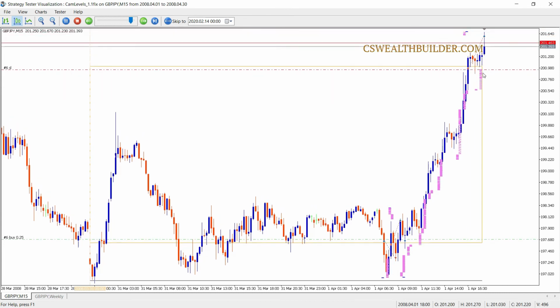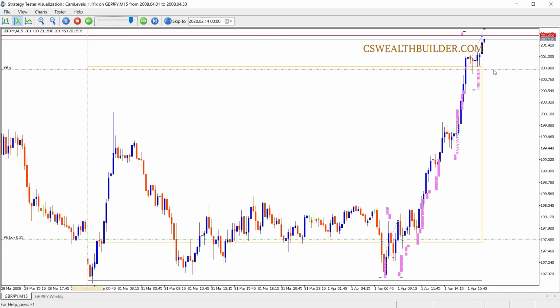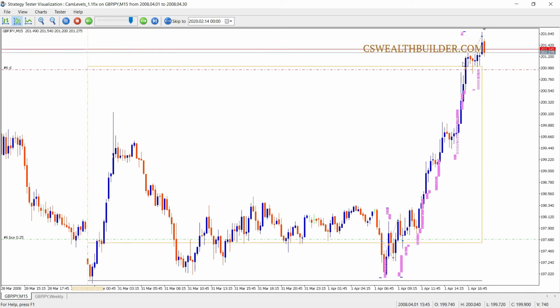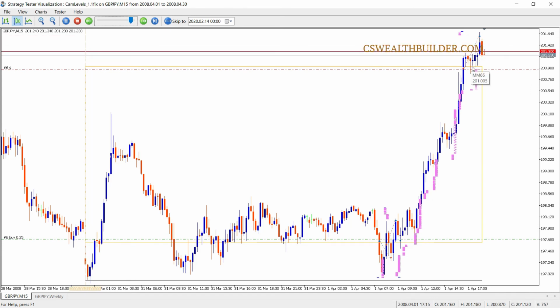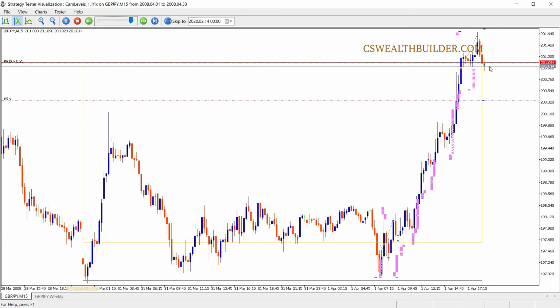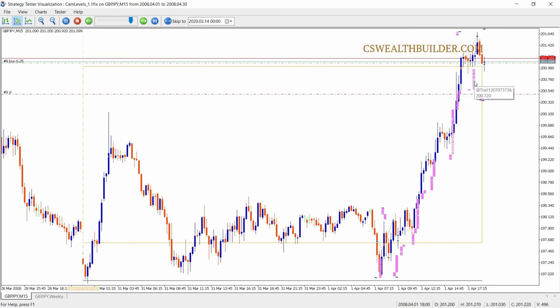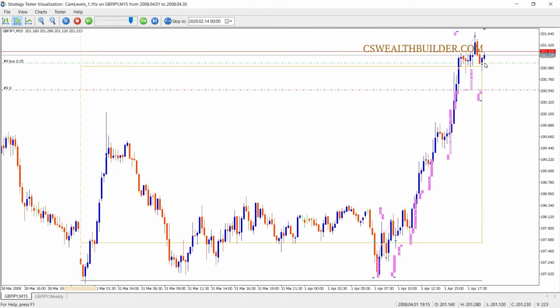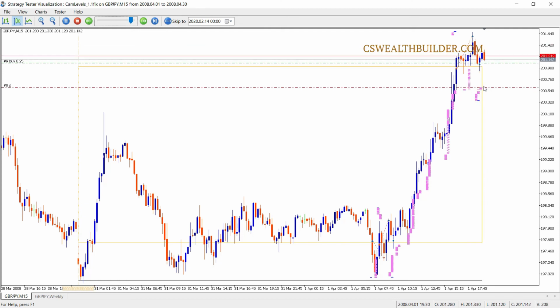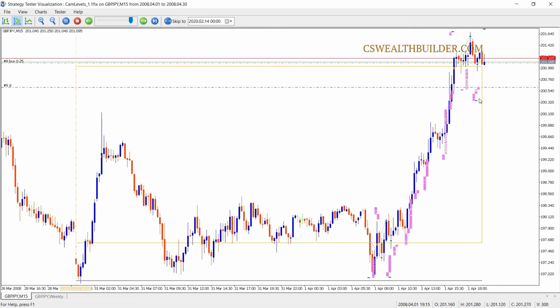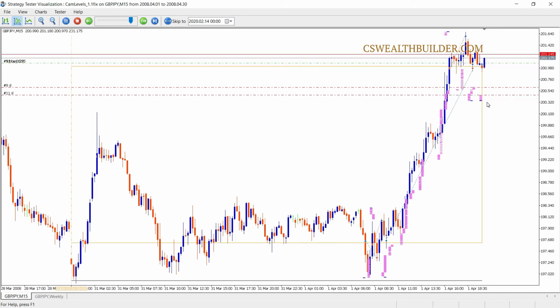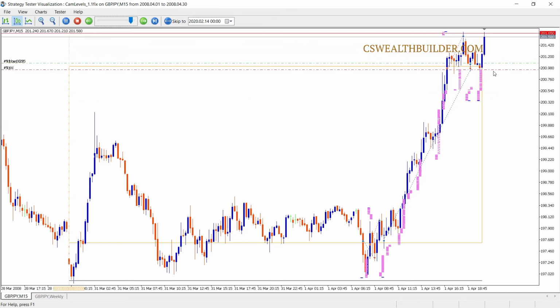And you know, it went up. So our profit here went up. This one made a little loss again. And now it seems like it's going well. Our red line moved again. We have a second red line that just appeared.